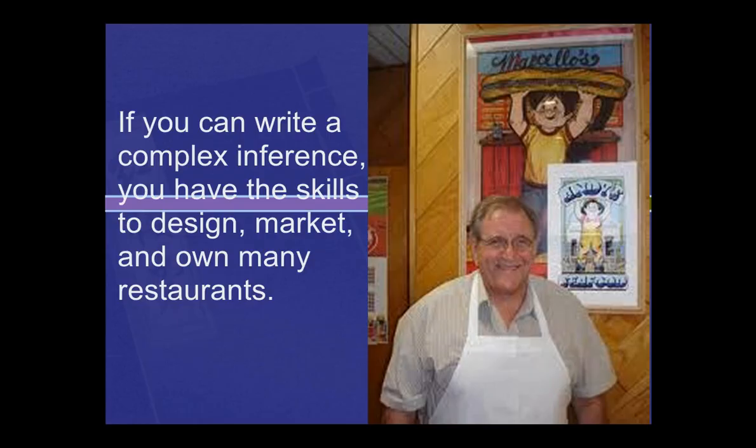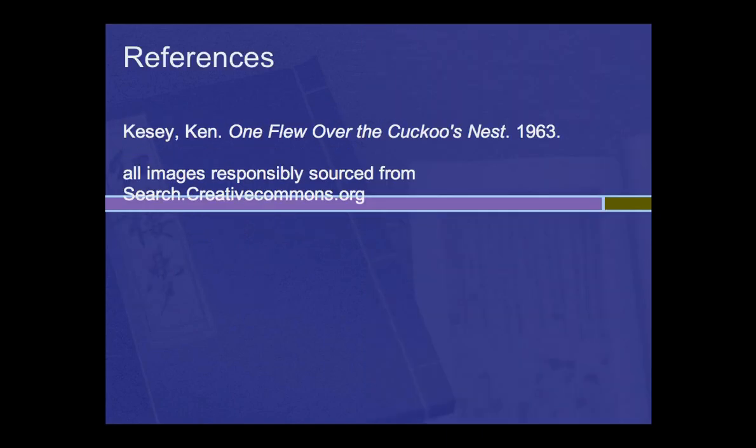Okay, so a reminder, if we have the top, introduction, the meat itself, quotation, and bottom piece of bread, explanation, we can write a complex inference. We have the skills to design, market, and own many restaurants, because now we are able to do a very complex piece of valuable work that helps our reader digest our meaning. Okay, thank you very much.